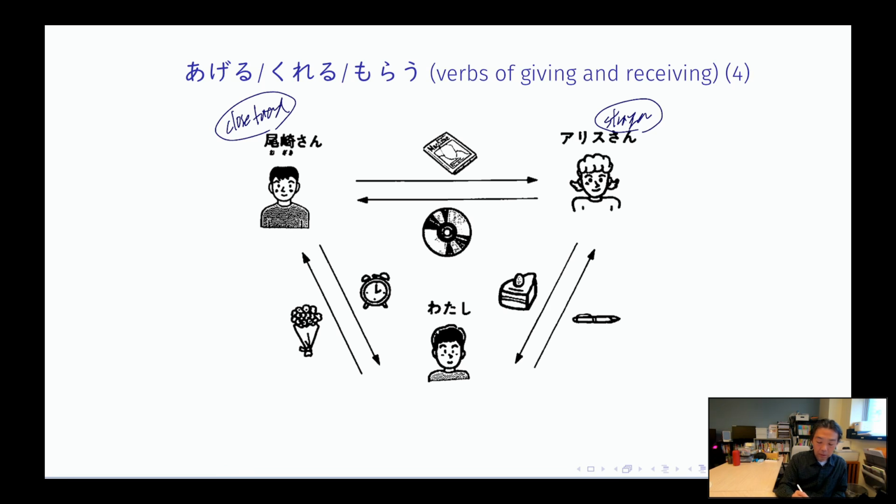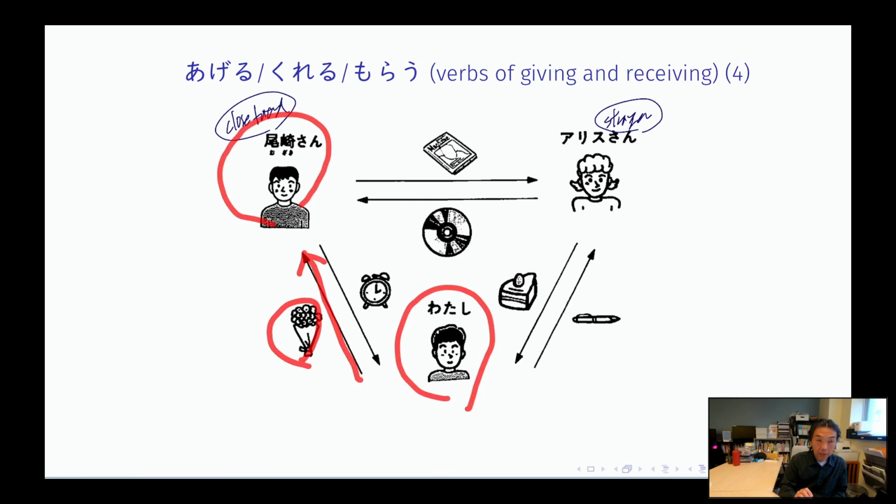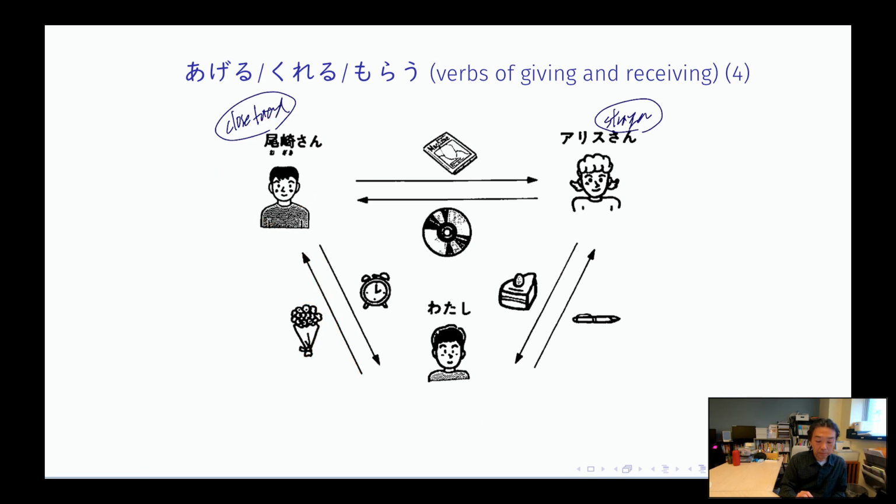So let's talk about this transaction. 私は尾崎さんに花をあげる。Let's think about this transaction. 私はアリスさんにペンをあげる。And let's think about this transaction. 尾崎さんはアリスさんに雑誌をあげる。Okay, so those are all examples of outward giving.